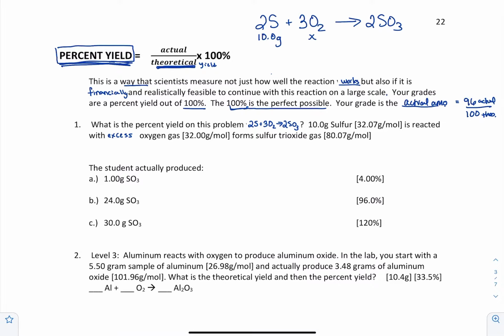And then over on the right, it's going to form some of this. So that's what we're trying to get to, and this is going to be in grams. When we figure this out mathematically, that's the key word, right? If you do math, that's going to give us our theoretical yield. You'll notice that this wasn't given in the problem, that you have to do math to get it.